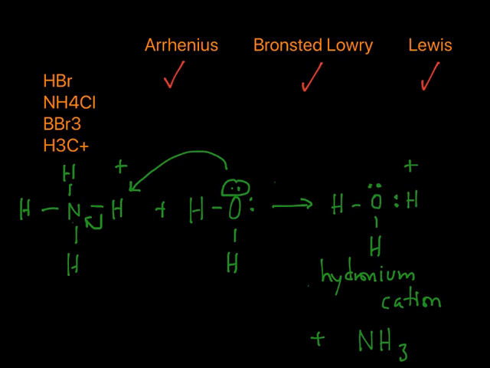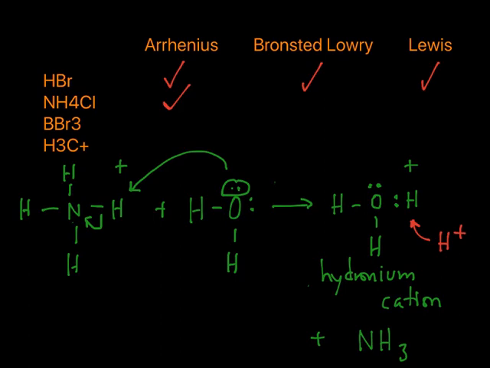Okay, so let's figure out now if ammonium chloride or the ammonium cation is an Arrhenius, Bronsted, or Lewis acid. So an Arrhenius acid means that it produces a proton, which it did. It produced a proton, which is going to be in the form of a hydronium cation. That's our proton there that was formed. So it is an Arrhenius acid.